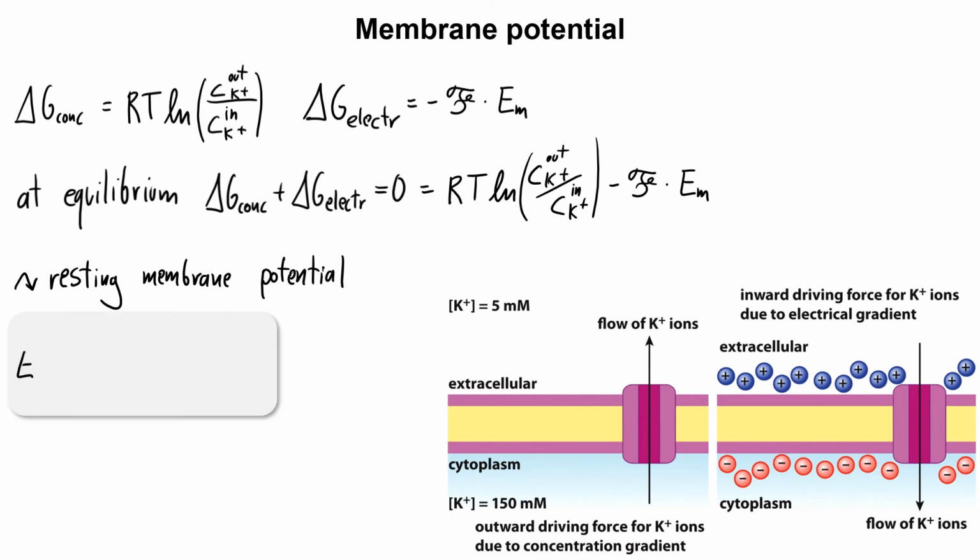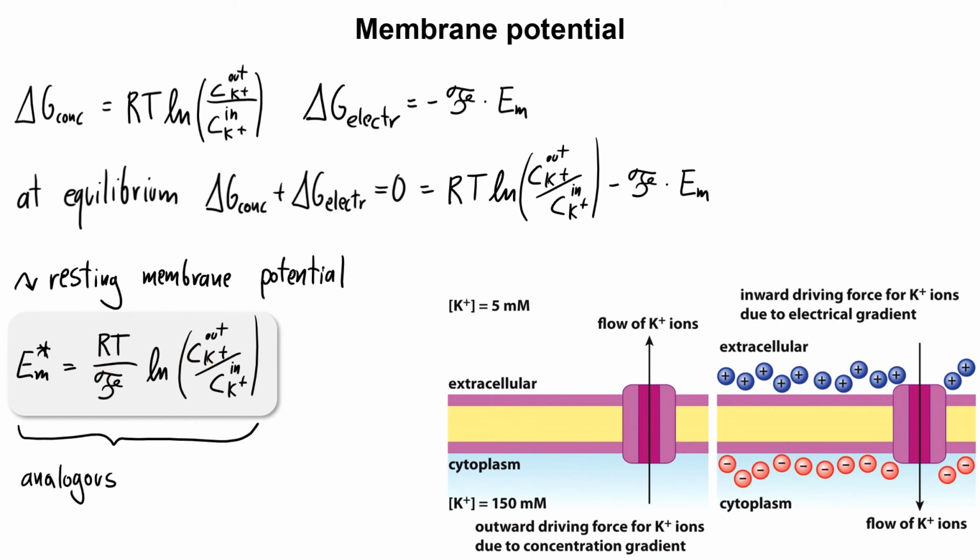That's why resting is given by this formula. Resting is indicated by the star also, while here it was not necessarily at equilibrium. It's given by this formula simply. So this formula is analogous to the Nernst equation. And that's why I initially said this chapter is an important application of the Nernst equation in biology.